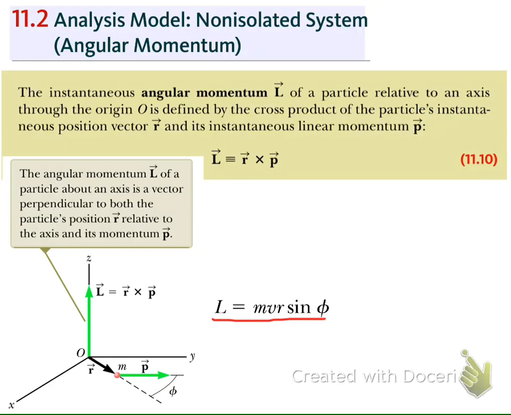Here, phi is the angle between the position vector and the momentum. r is the magnitude of the position vector, and mv is the magnitude of the momentum p, since we have p equal to mv.